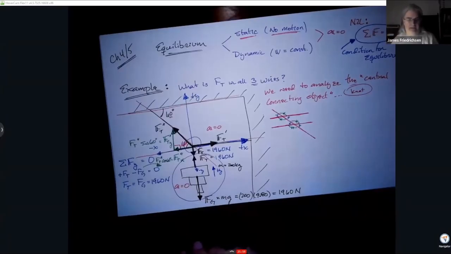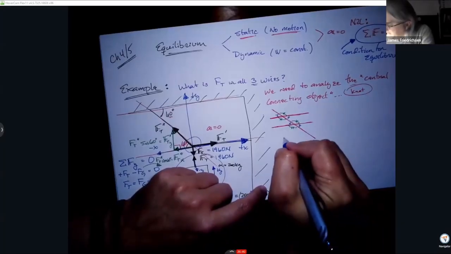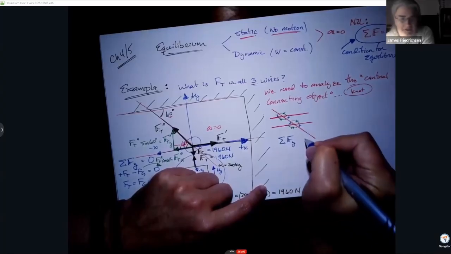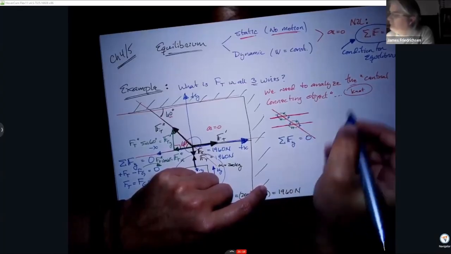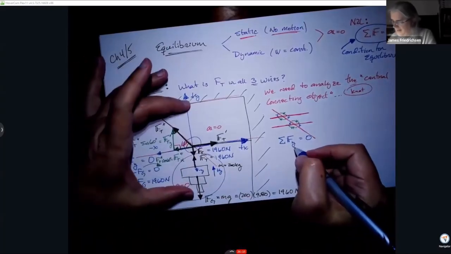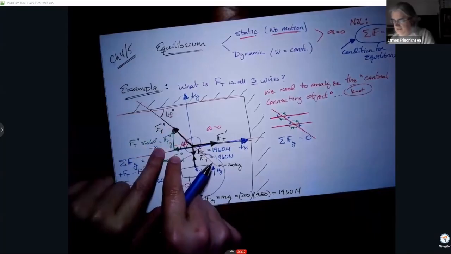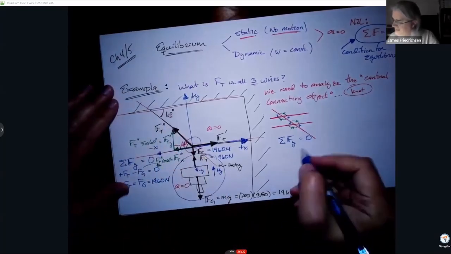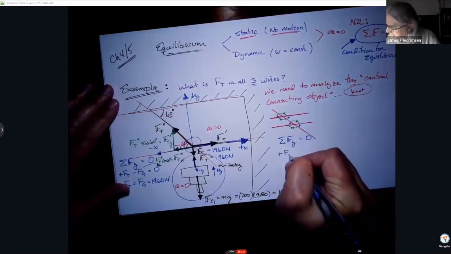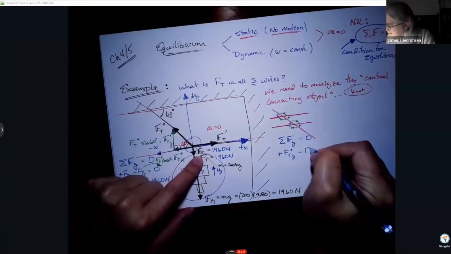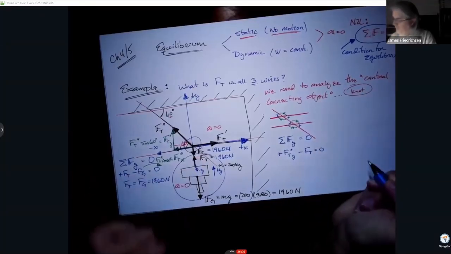I'm going to start off with the sum of the forces in the y direction equal to 0, because we're doing a static equilibrium problem. In the y direction, I have this ft double prime going up and this ft going down. So I'm going to write plus the y component of ft double prime, and then minus ft equals 0.